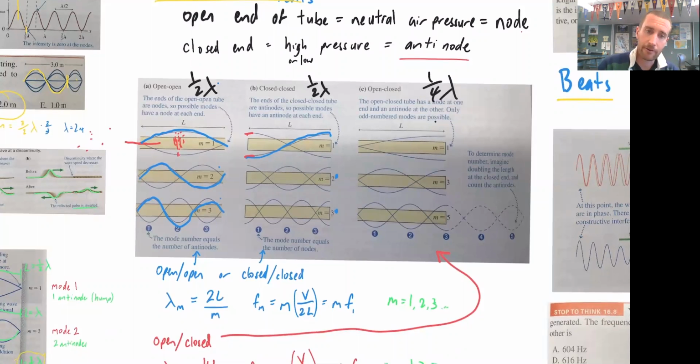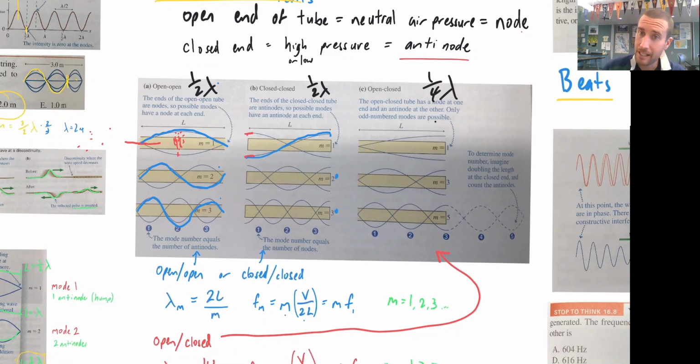The wavelength for the mode is equal to 2L over the mode, for open, open, or for closed, closed. For the frequencies, I can use the same equation. The frequency is equal to the mode times the wave speed over 2L. And the frequency is equal to the mode times the fundamental frequency.